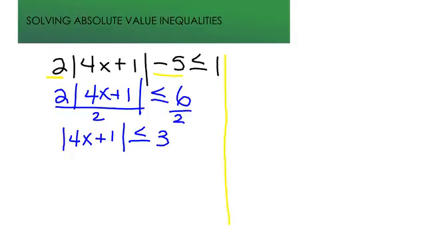Okay, so let's solve each one. If I subtract 1 on this top one here, I'm going to get a 2. And if I divide by 4, I'll get 1/2. If I subtract 1 on this one, I'm going to get -4.